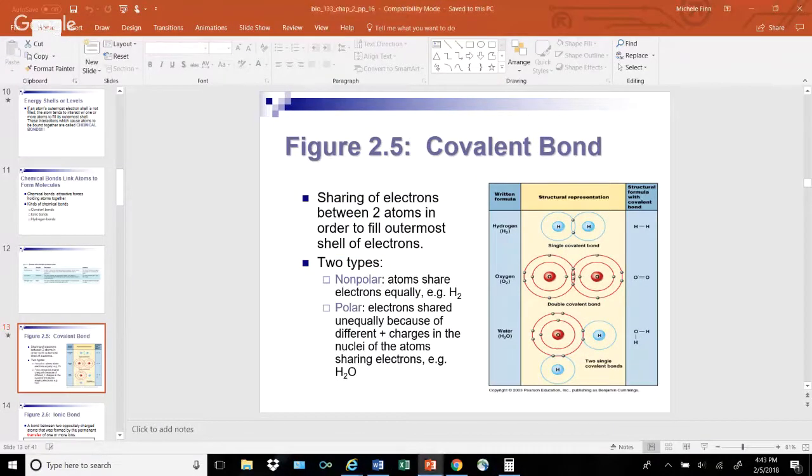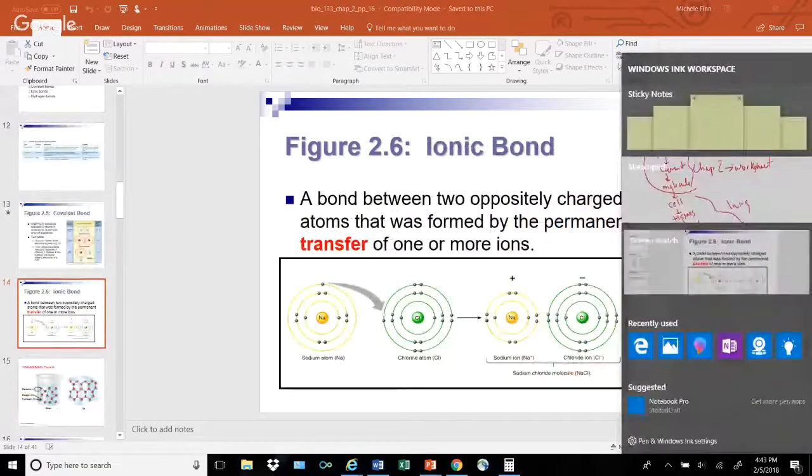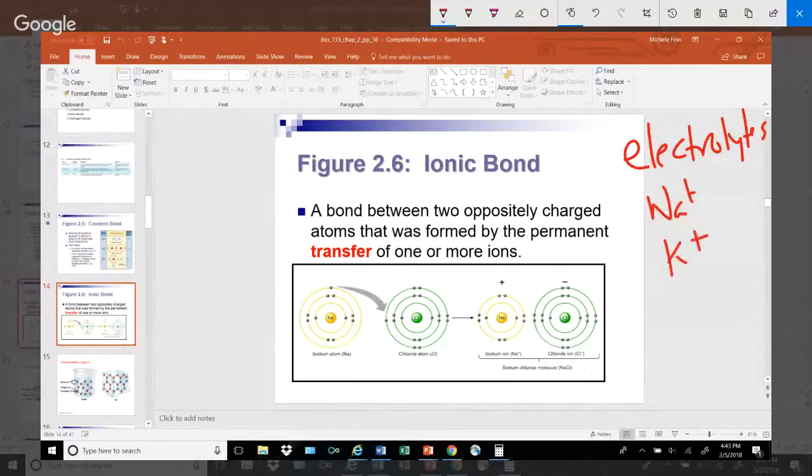The next strongest bond we had was the ionic bond, and this is where we talked about electrolytes in our body, like sodium and potassium, and these can also be called ions. Well, they have a charge, and so instead of sharing electrons, for example, that sodium atom and that chlorine atom, notice the arrow there, that electron is going to be transferred to the chlorine atom.